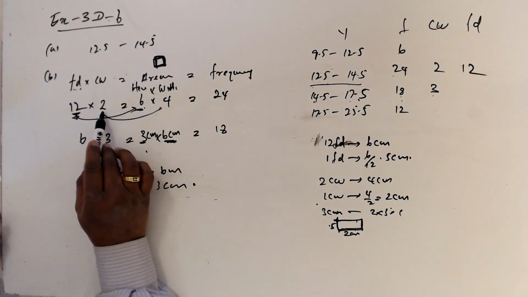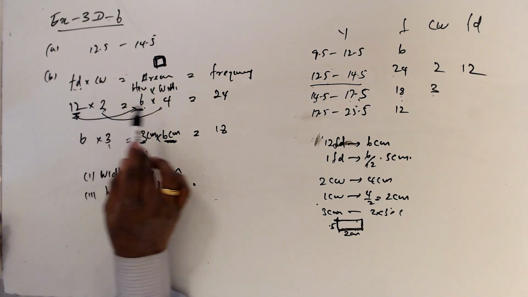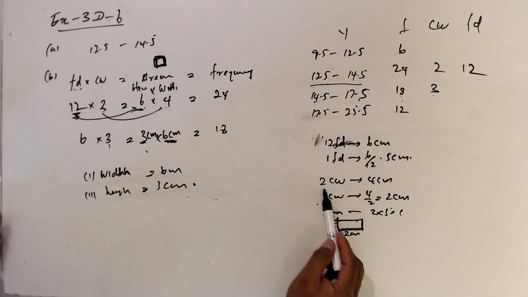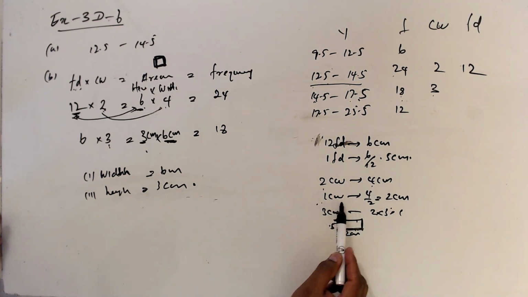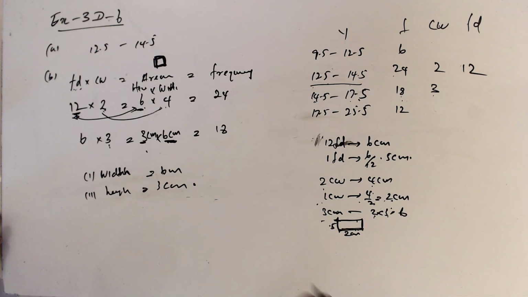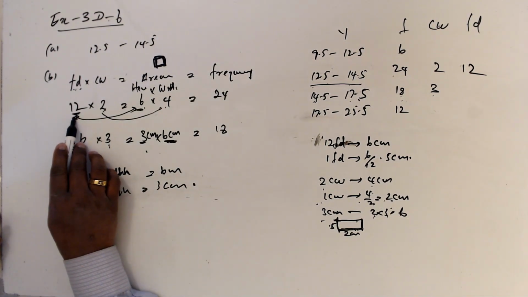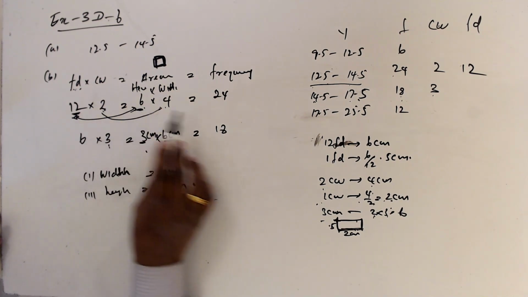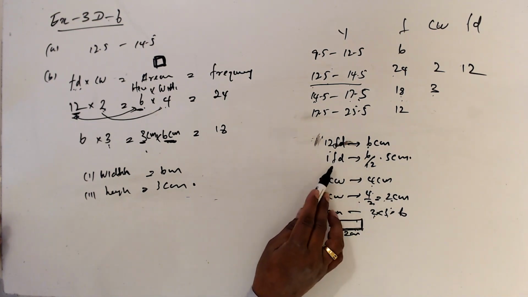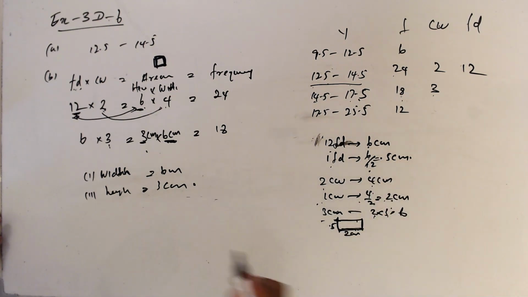Now from the given data, 2 class width is represented by 4. Then 1 class width is represented by 4 divided by 2, which is 2. Then 3 is 2 times 3, 6. The same way here, 12 frequency density is represented by 6, so 1 is 6 divided by 12, which is 0.5.